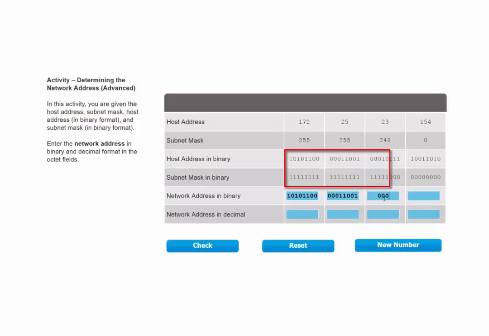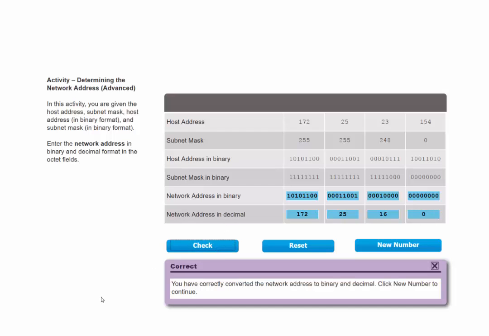So 0 0 0 1 0, and then 0 0 0, and then the rest is zeros. Remember that this is 7. All we need to do is just to subtract 7 from here. Or we know that this is actually number 16 here. So this is actually 16, and the rest will be the same. And of course, this is 0. See? All right. So this is correct.